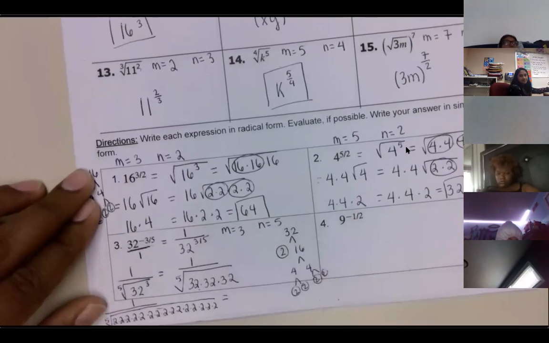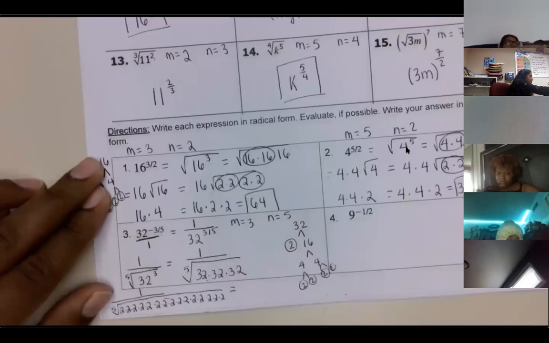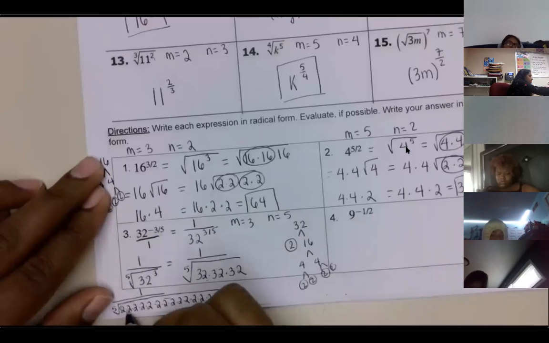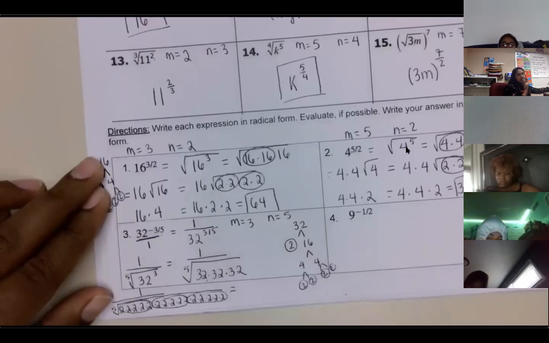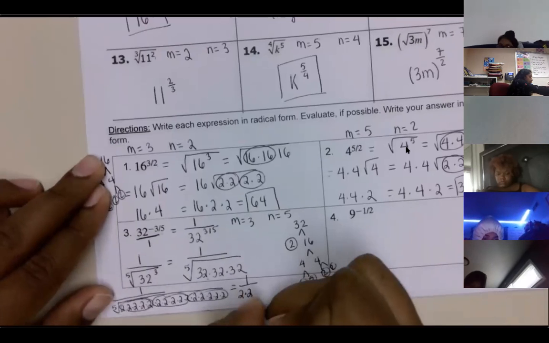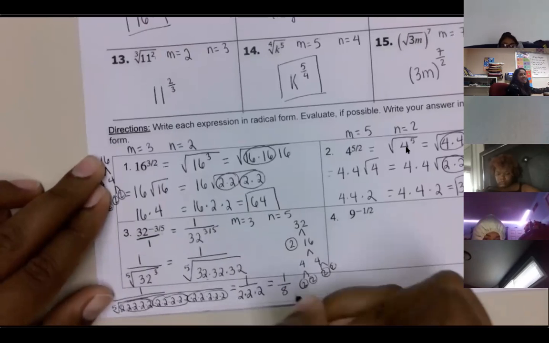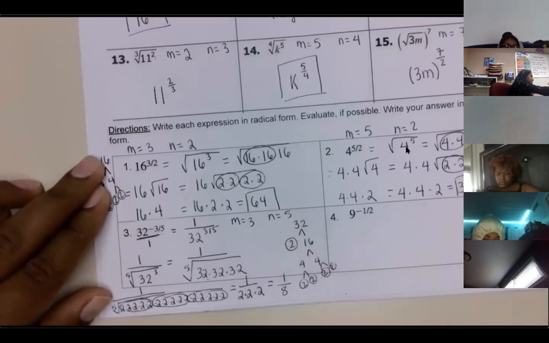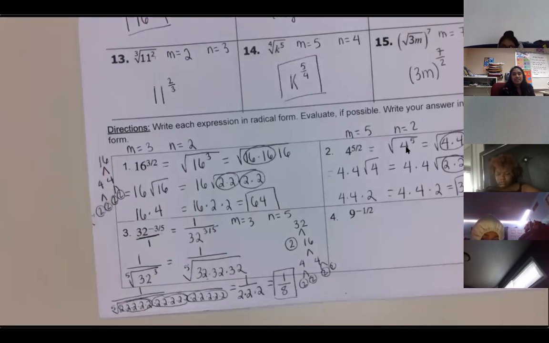Questions so far? All right, the index is 5, so we're circling groups of 5. So I can take out a 2 from each of those groups, so it's 2 times 2 times 2, and that's 1 over 8. 2 times 2 times 2 is 8. Any questions on that one?